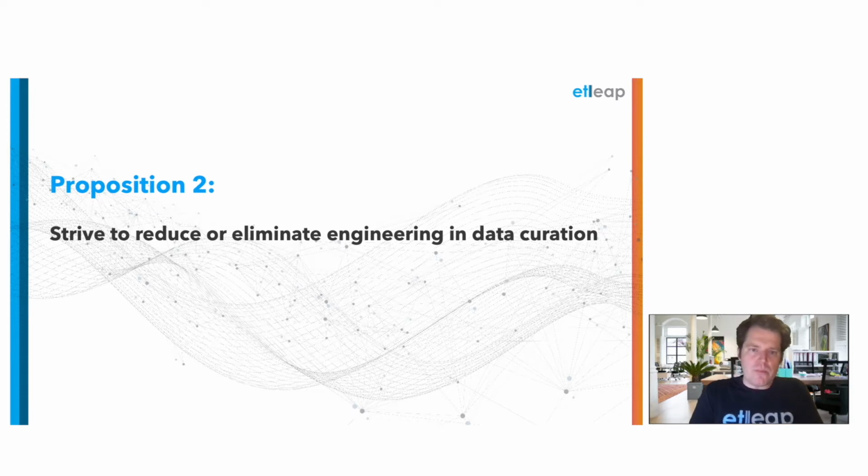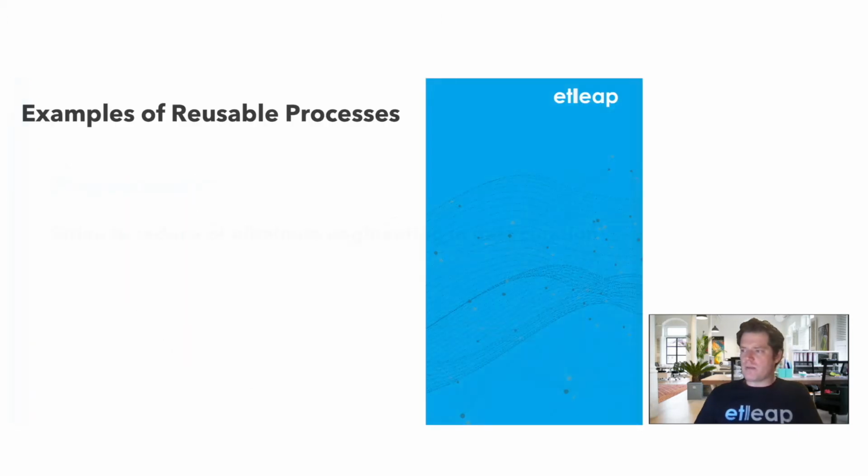But in order to make your data lake initiative scalable, both in terms of bringing on new data sources and also more analysts, you want to reduce the amount of engineering work required with each new source or with each new analytics project. Here are some of the processes that can be standardized across heterogeneous data sources.